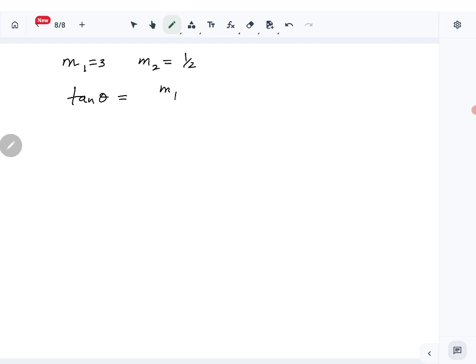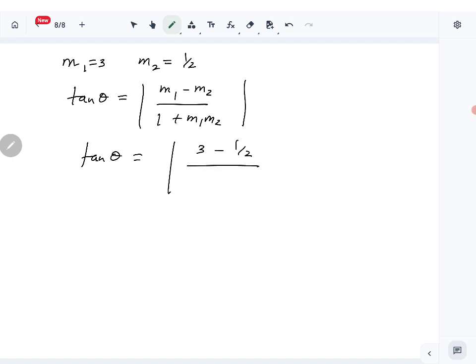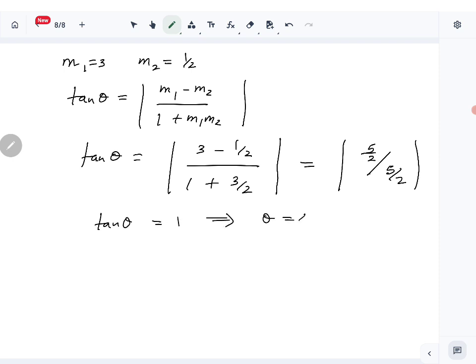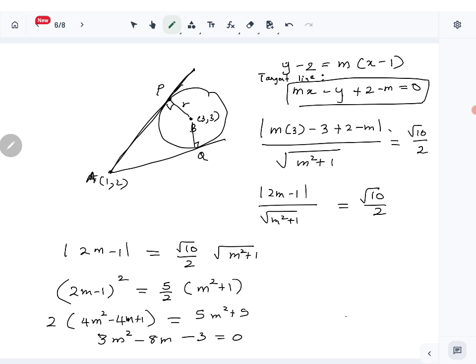Using the formula (m1 − m2) over (1 + m1 m2): tan theta equals (3 − 1/2) over (1 + 3/2), so 5/2 over 5/2, right? Yes, so tan theta equals 1. That means theta equals 45 degrees, right.